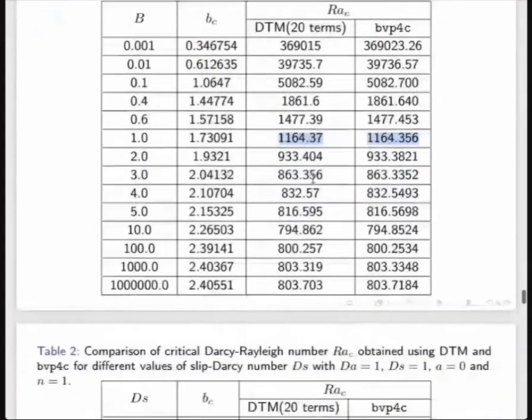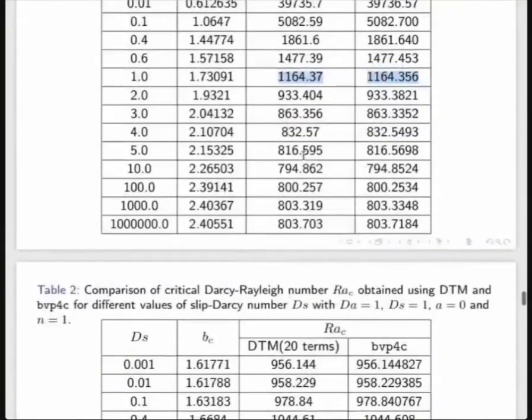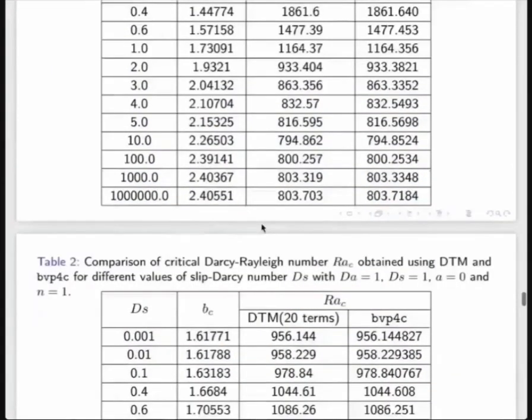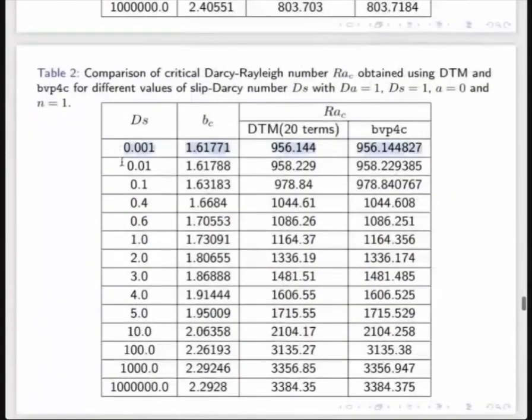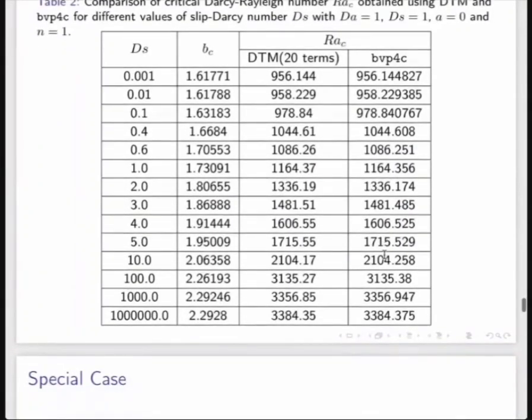The present method is accurate enough to give our eigenvalue. That was shown for different values of Biot number, and this table shows the Rayleigh number for different values of Darcy number. Even in this case, you see that the results are matching very nicely.